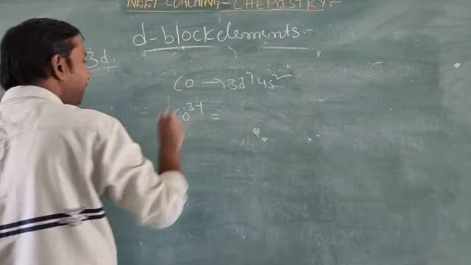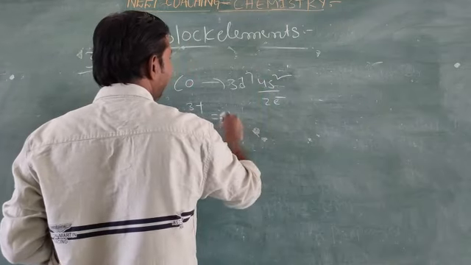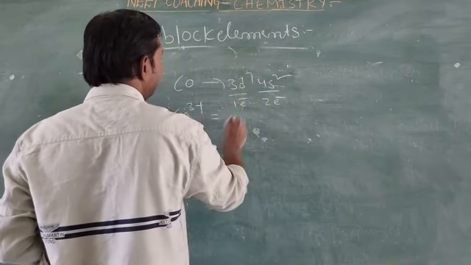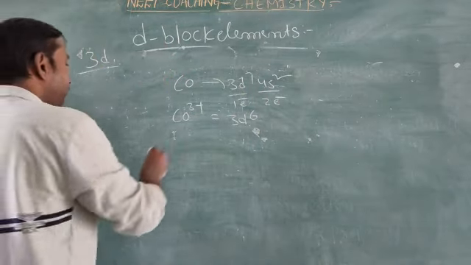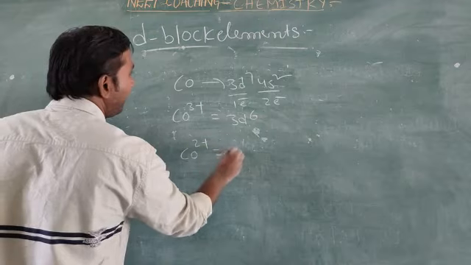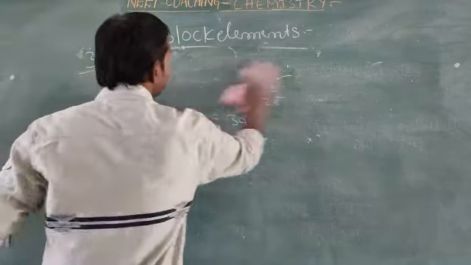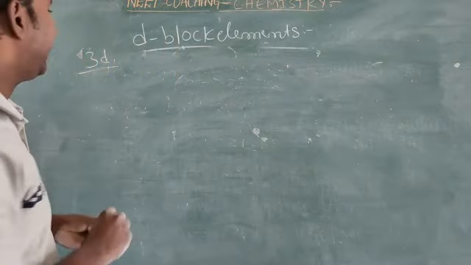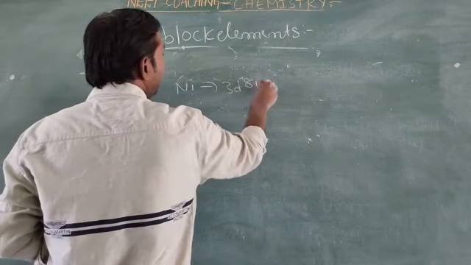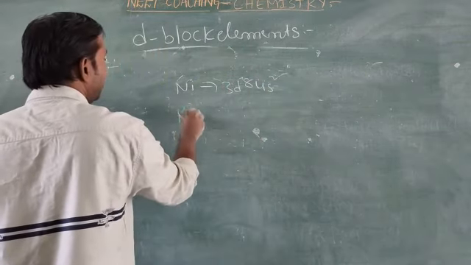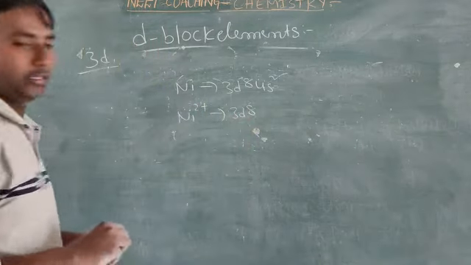I want cobalt 3 plus: 2 electrons from 4s, 1 electron from 3d, so 3d6. Cobalt 2 plus means 3d7. Next, nickel 3d8 4s2. Nickel 2 plus, 3d8. Like that.